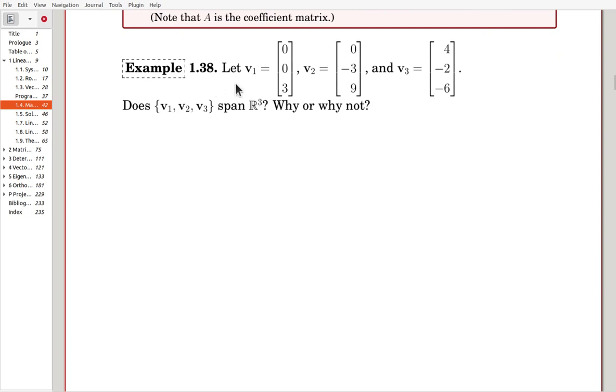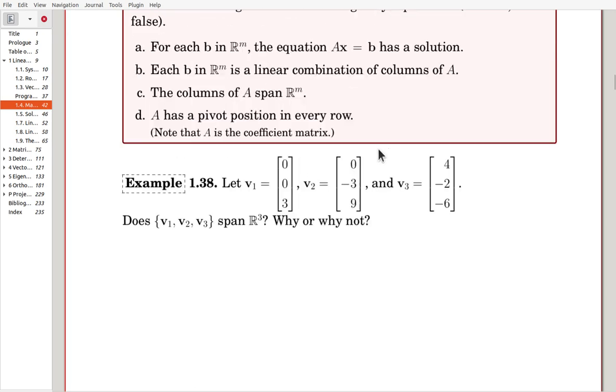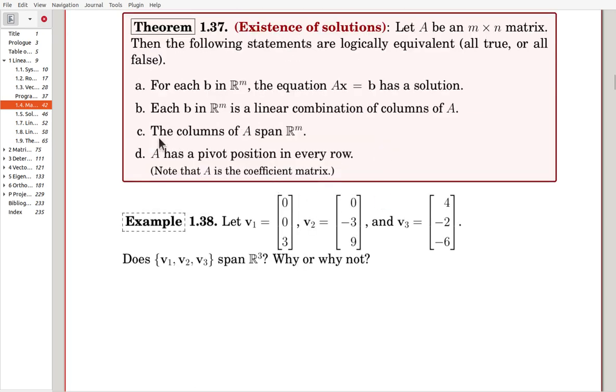Here we have three vectors, and the question is: do these vectors span R3? Why or why not? So that's the question. To show this, we may check one of them: if one of A, B, D is true, then C must be true.